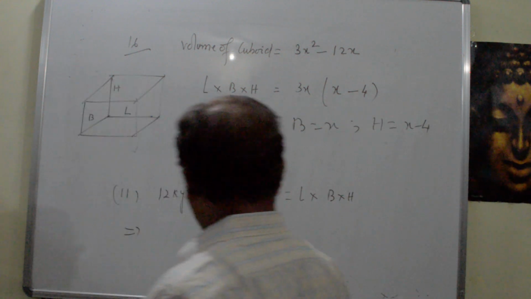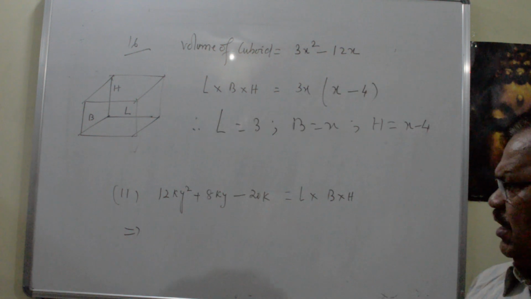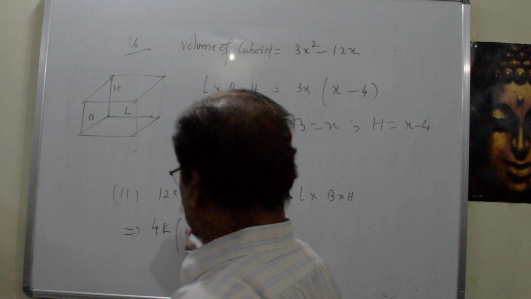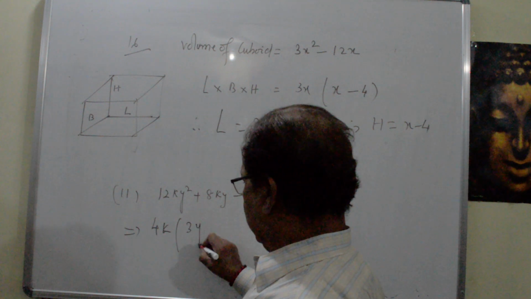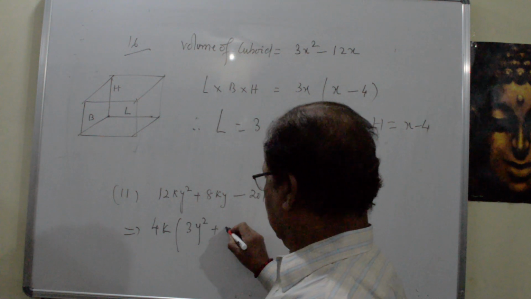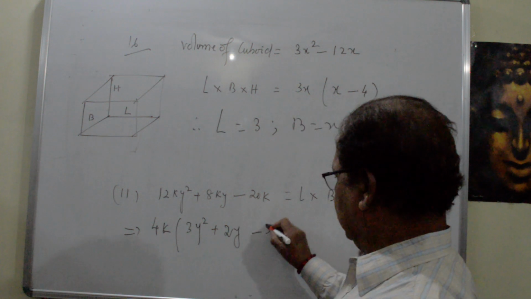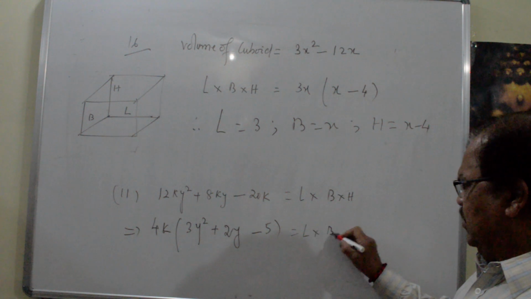What is common in all the 3 terms? It is 4k. Take 4k common. So we get 4k into 3y square plus 2y minus 5. So this is the result, length into breadth into height.